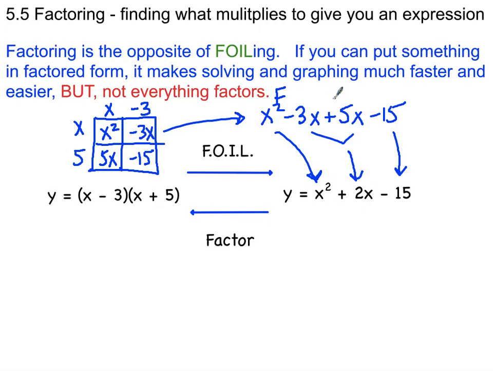The outsides and the insides, technically in this case, the outside two would be the 5x, and the inside two would be the negative 3x. So right now my outsides and insides are a little backwards, but it doesn't matter the order. And then the last two together made the negative 15.